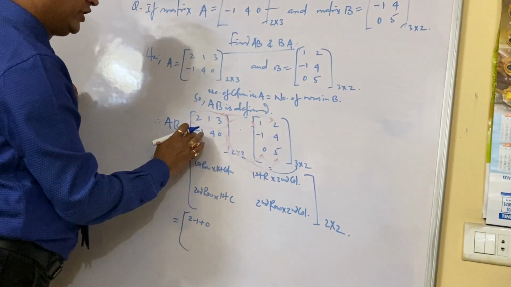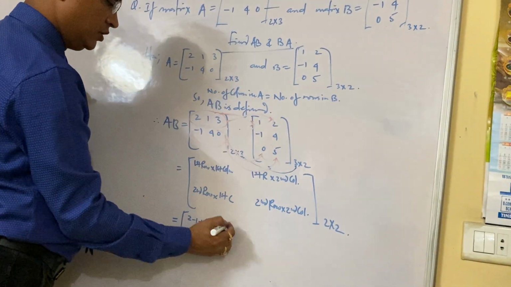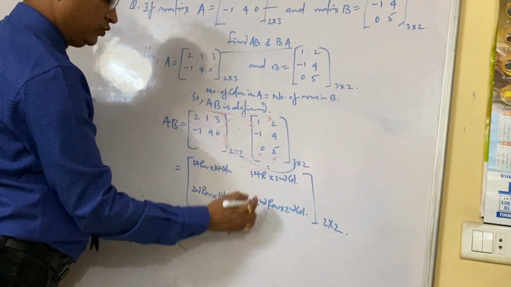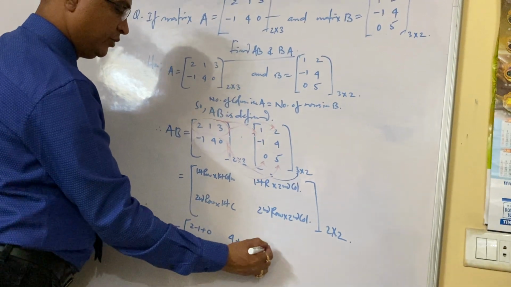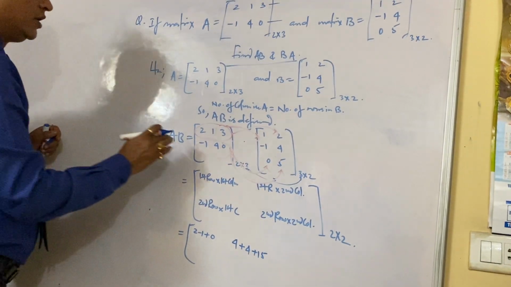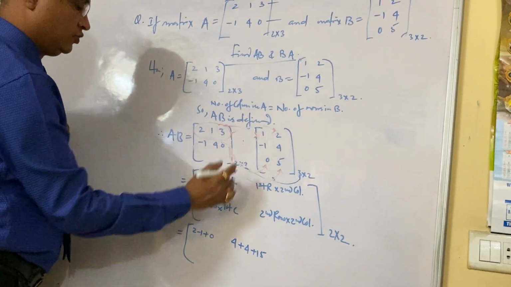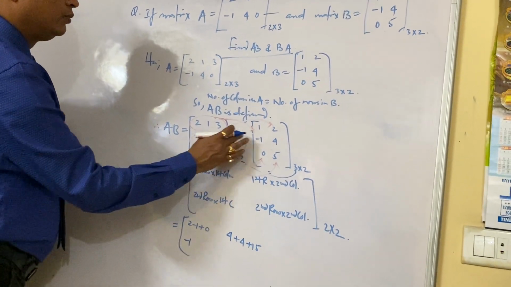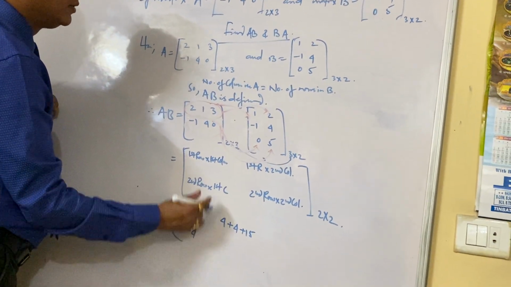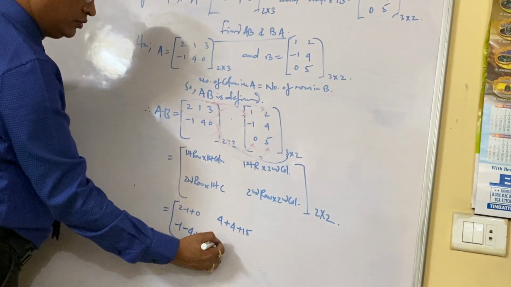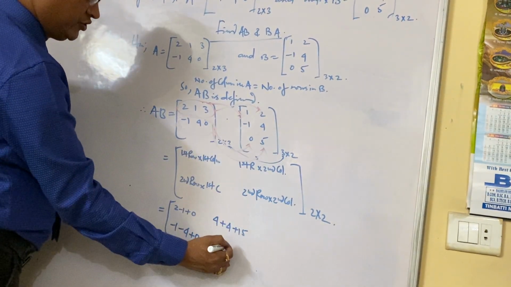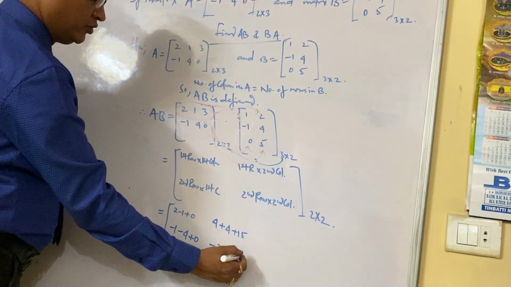Now first row, second column: 2 into 2, 4; 1 into 4, 4; 3 into 5, 15. I told you in between the positive sign is always there. Then second row, first column: minus 1 into 1, minus 1; plus minus minus, minus 4; 0 into 0, 0. Then minus 1 into 2, minus 2; 4 into 4 is 16; 0 into 5, 0.